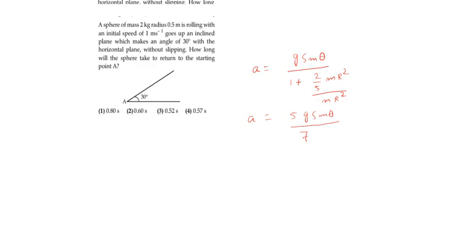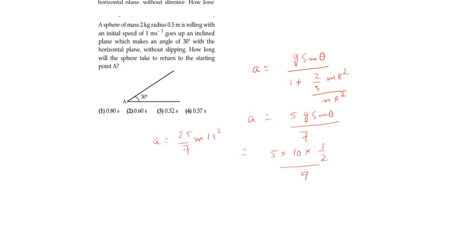Now if we put the value of g as 10 for simplicity, we will get 5 multiplied by 10 multiplied by half by 7. So that will give us 25 by 7. A is equal to 25 by 7 meter per second square.